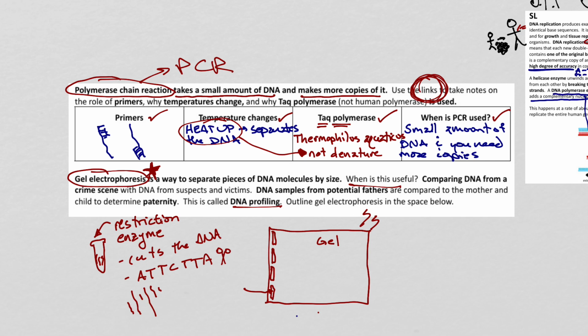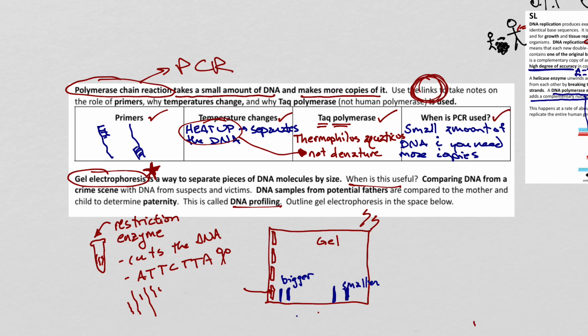This gel kind of looks like that. And so as the DNA is pulled from side to side, the smaller bits are going to be able to get through all of those spaces. So smaller bits of DNA will move farther down this gel, and the bigger ones will get all tangled up in those gel fibers and not be able to go any farther down here.